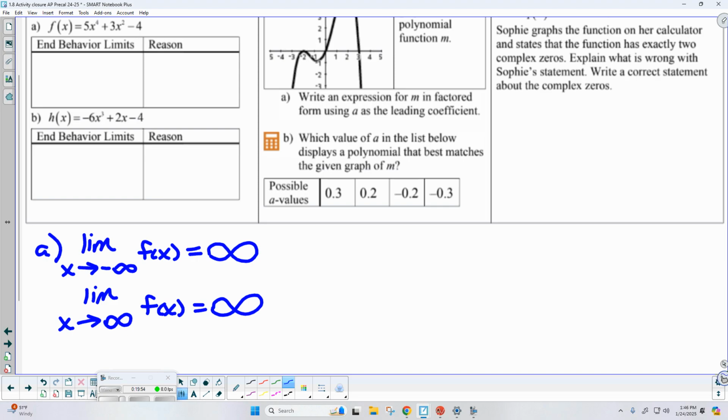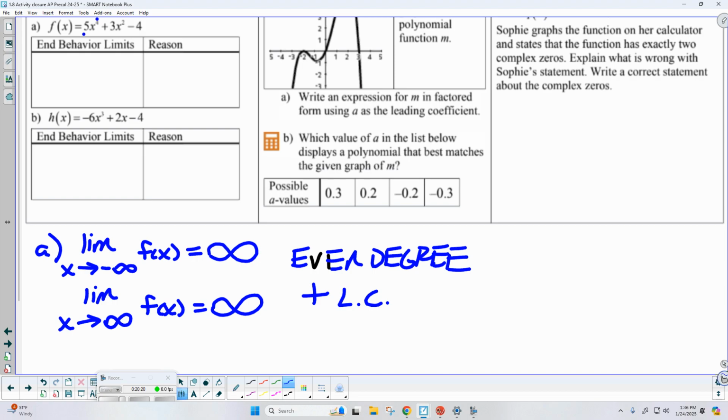That's exactly right. Look at the combination of your degree and the coefficient. We have an even degree with a positive leading coefficient. Remember, if it's an even degree, both ends are up or both ends are down. That's exactly right.